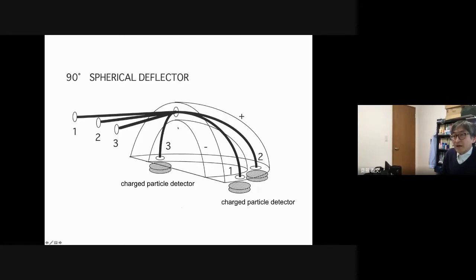If a particle comes inclined to the normal direction, it also moves circularly and is detected by detector number 1. If the incident direction is here, it is detected by detector number 3. So the detected position reflects the incident angle, the incident direction.